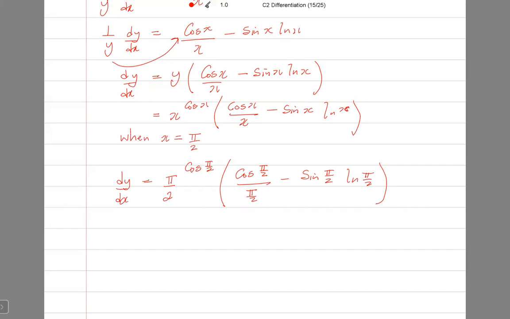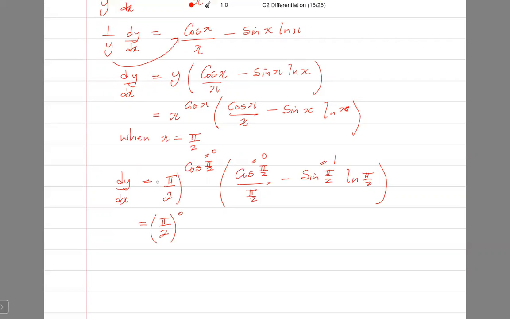I think the cosine of pi by 2 is 0. The cosine of 90 is 0. So this is 0. This is 0. The sine of 90 is 1. So this is 1. So what I have is pi by 2 raised to the 0 power.